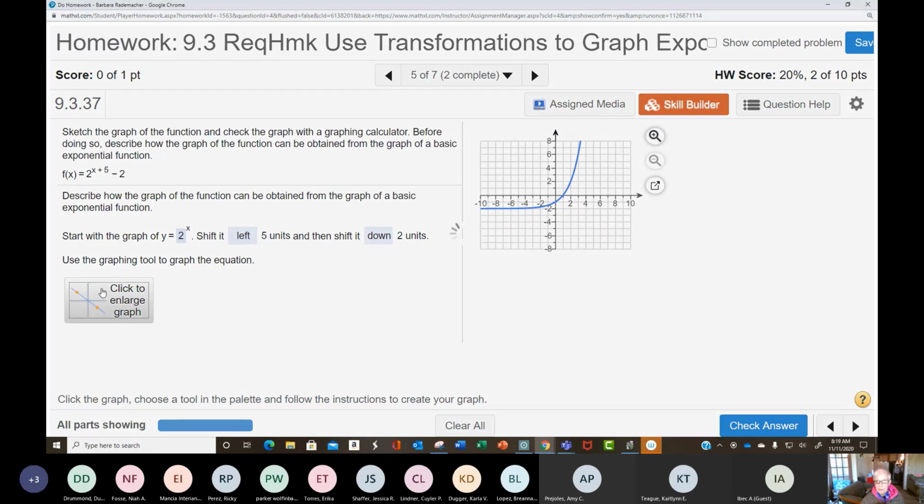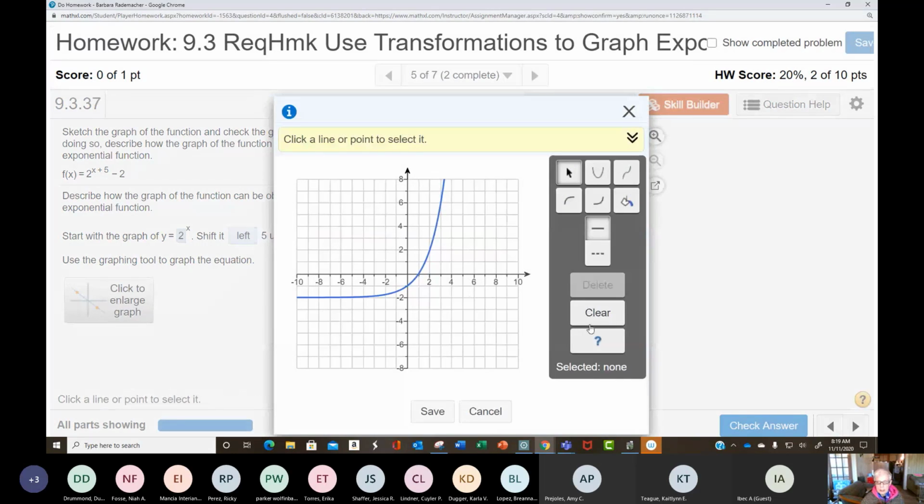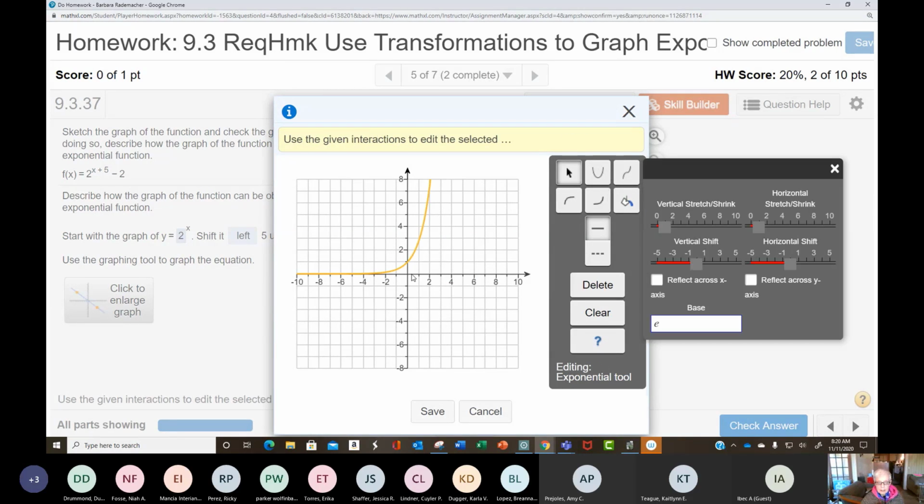Okay, going back. Gonna clear. Yes. One more time. Click that. I'm going to have a vertical shift down -2. See, you can see what number it is, so you can double check yourself.